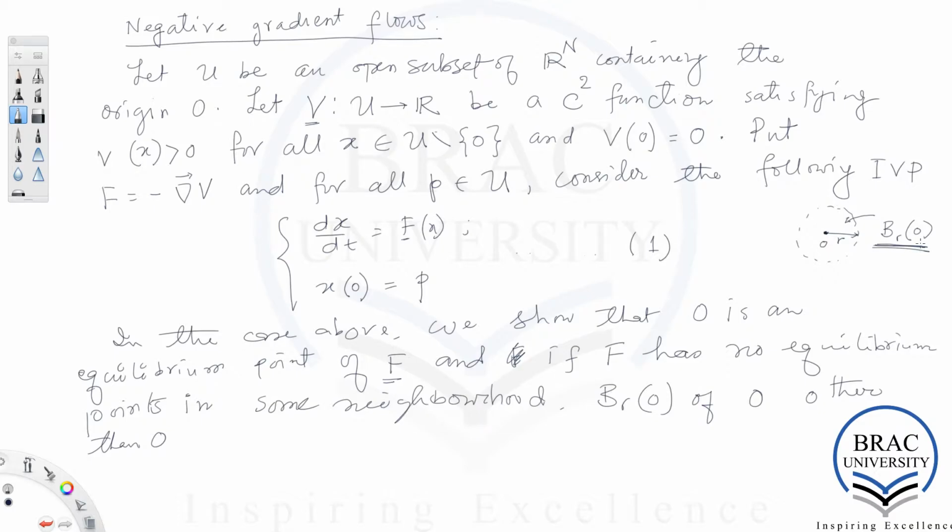Also, we don't want the system to have any other equilibrium point on the boundary of this ball, so that we want this to have no other equilibrium point other than 0.